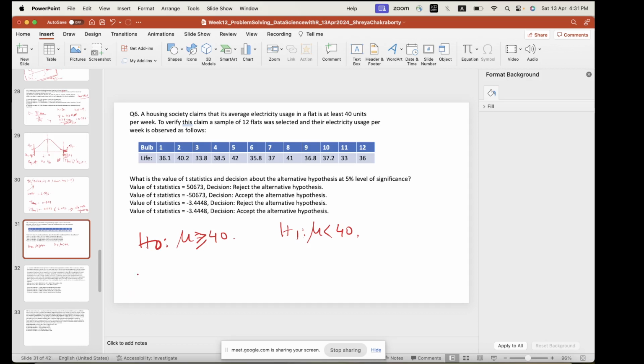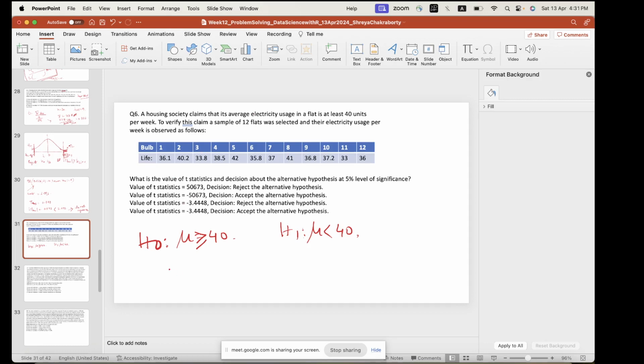Okay, so all of these one-sided T tests hold true for these composite hypotheses as well. So here the value of the test statistic is the same.